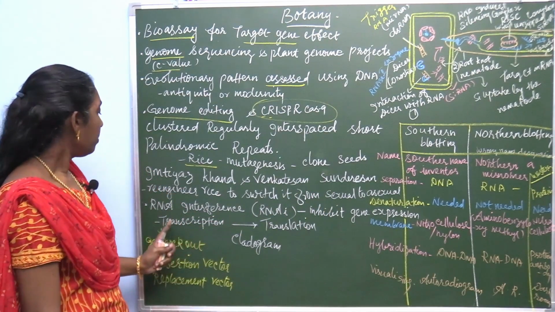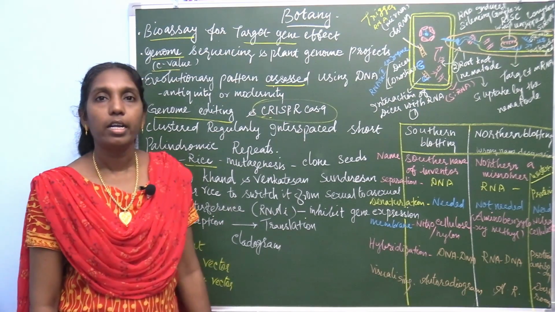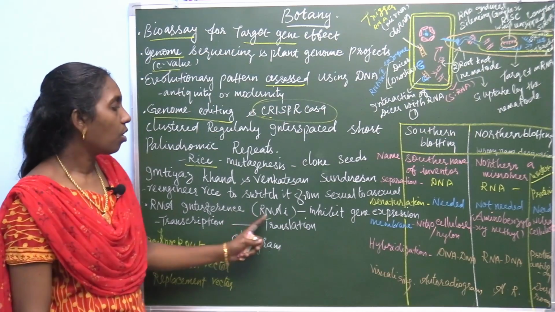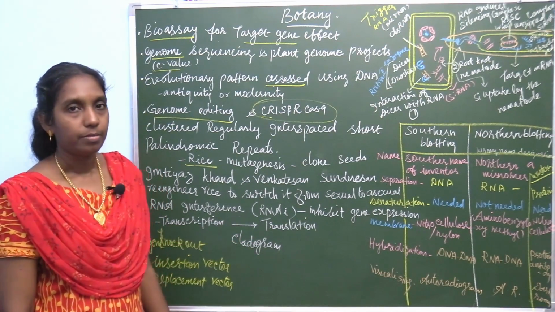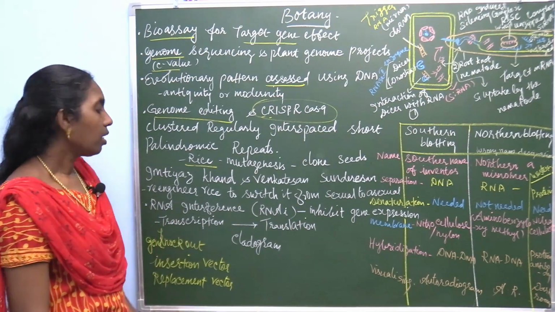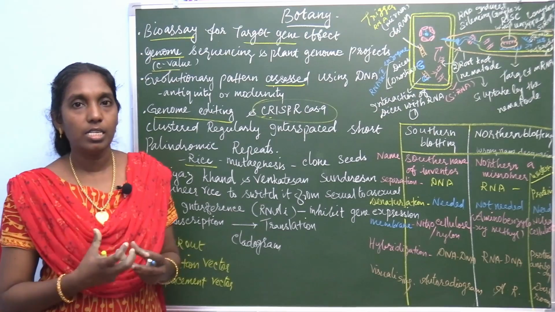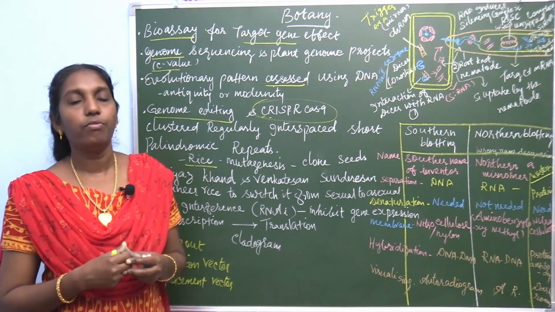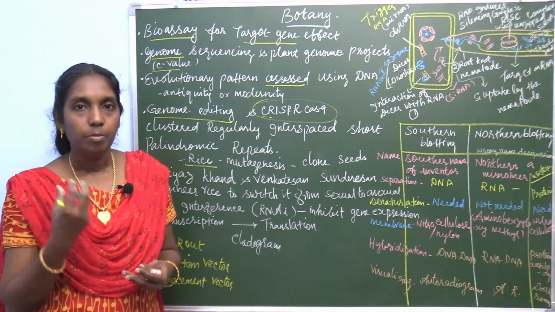The next question: RNA interference, or RNAi. As you know, the characters are expressed by means of the genes.